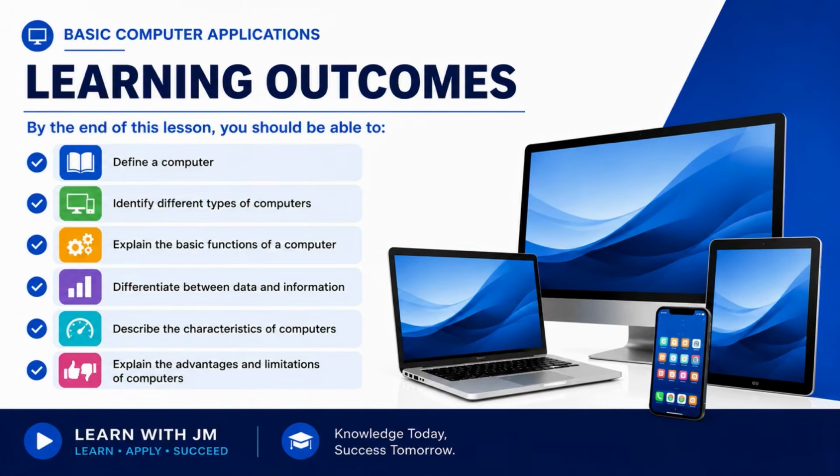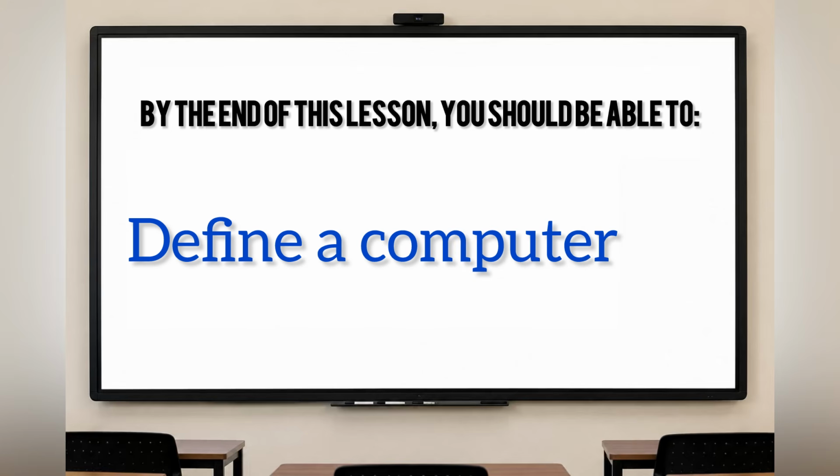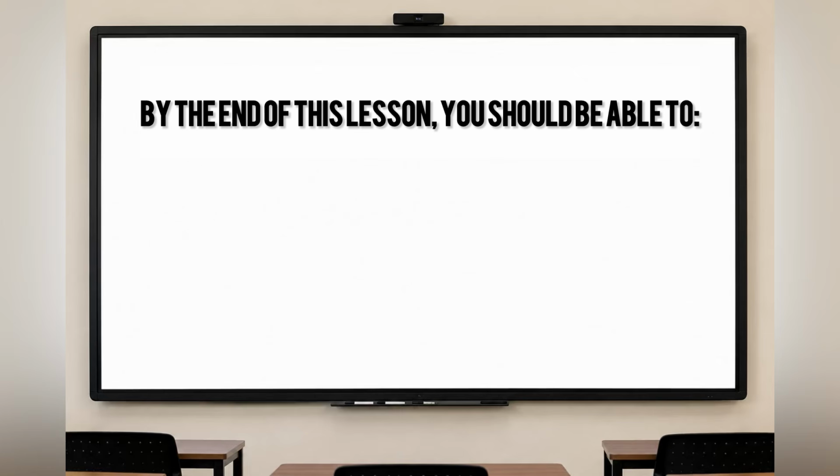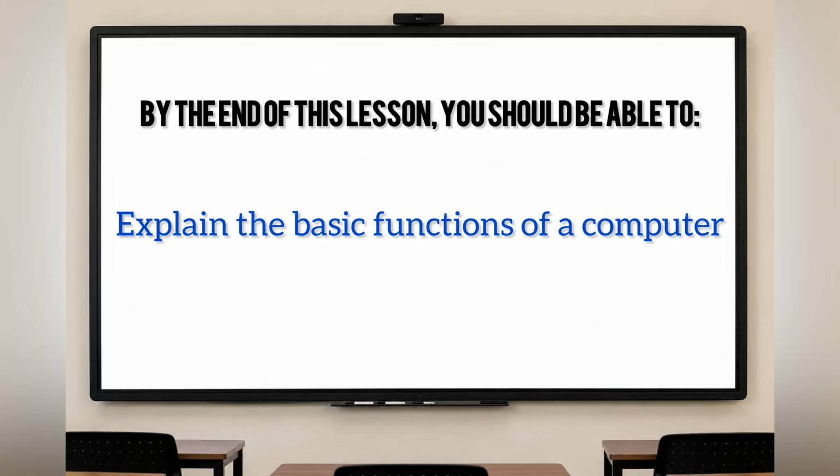Before we dive into the lesson, let's take a quick look at what we'll be covering today. We'll begin by understanding what a computer is and explore the different types of computers we use in everyday life. We'll then look at the basic functions of a computer and see how information is processed.